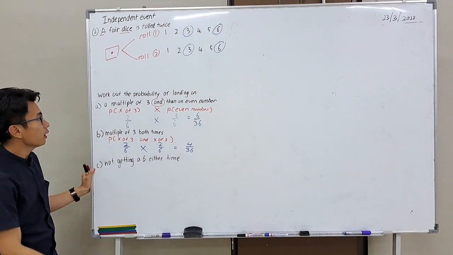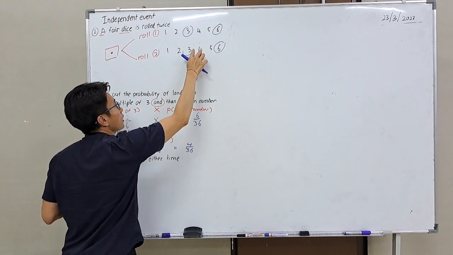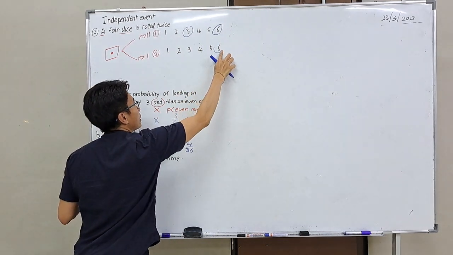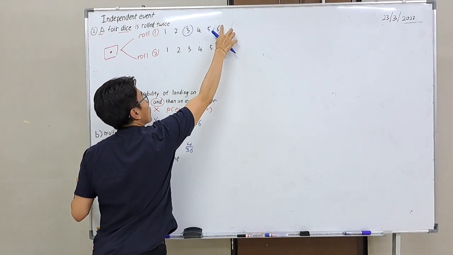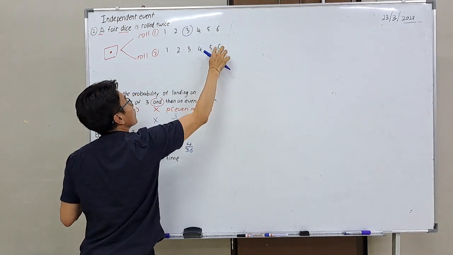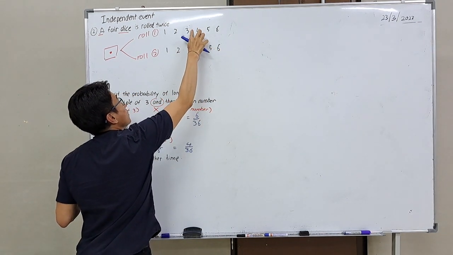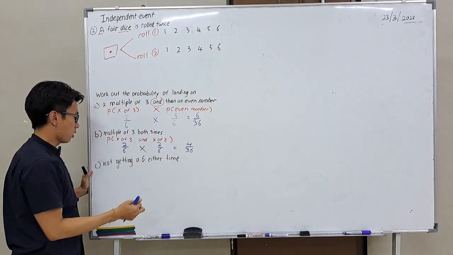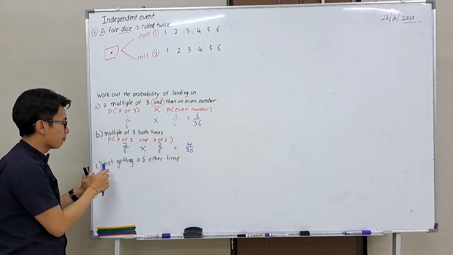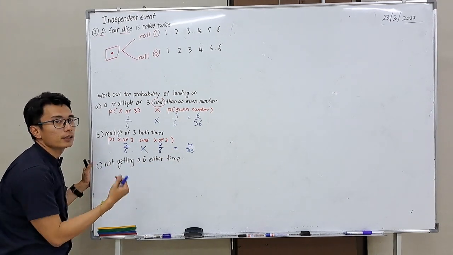For my last question, I will erase this again because they're talking about another event. What's the probability I'm not getting 6 either time?